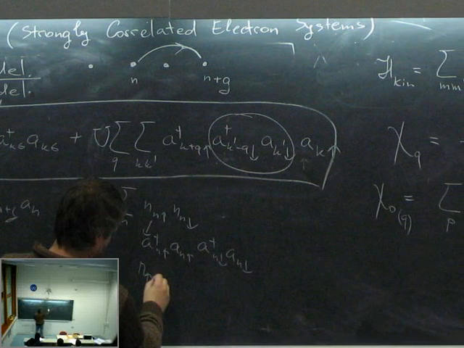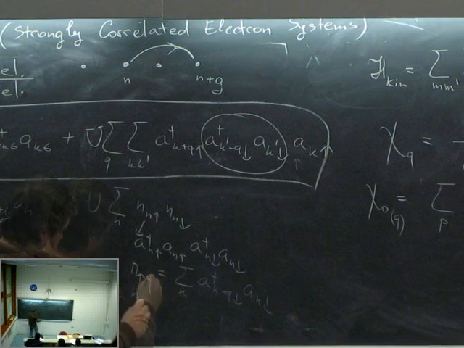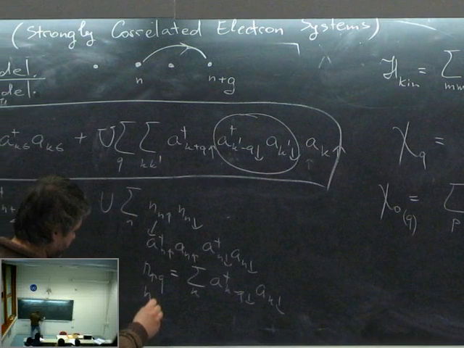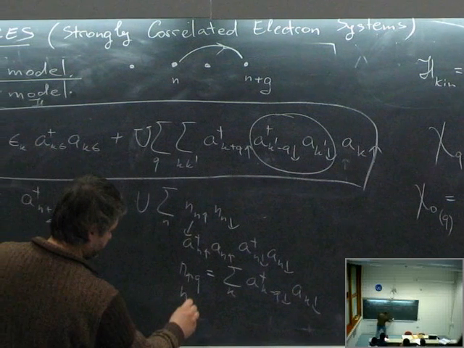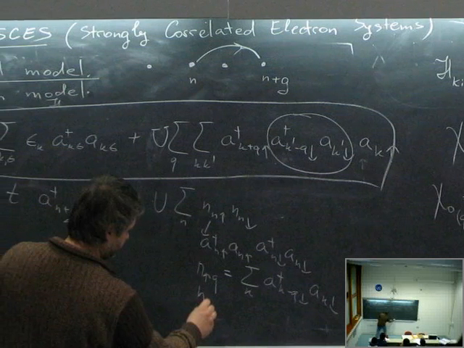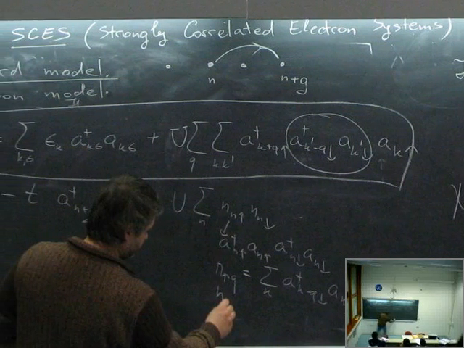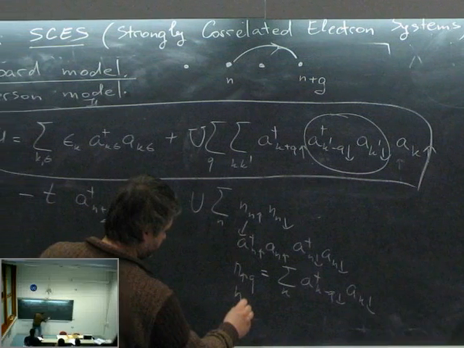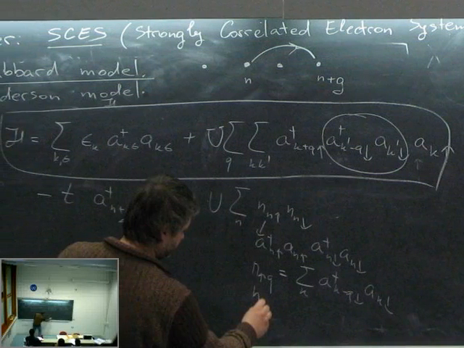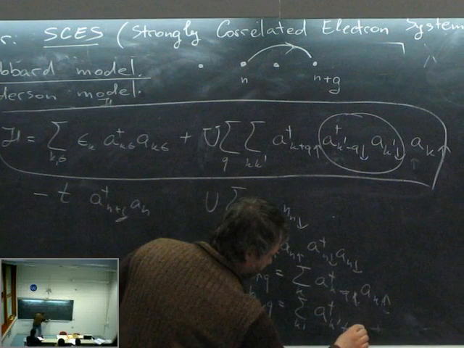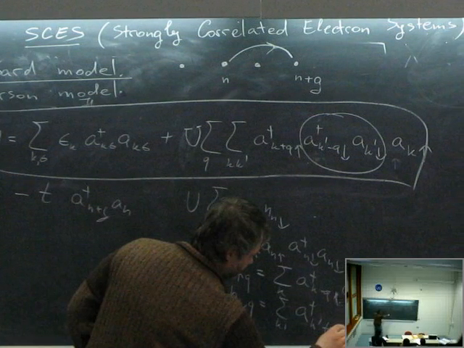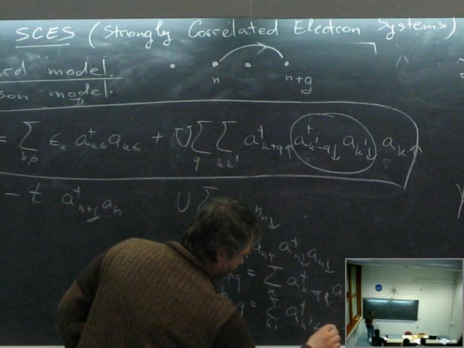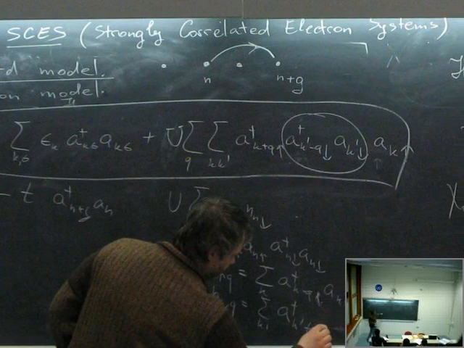And this is precisely this term. And the same n up at q is the sum over k prime of a^† k prime plus q, up. So sorry, here it's up, and here it's down, a k prime down.